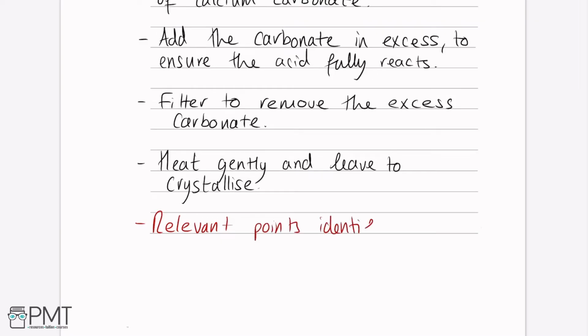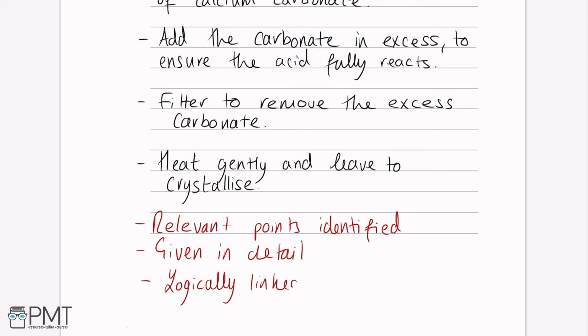So some things the examiners were looking for was for you to identify relevant points. They wanted you to give your relevant points in detail, which is why it's an explain command word as opposed to state or describe. They were looking for your points to be logically linked, and they wanted you to give a clear account.